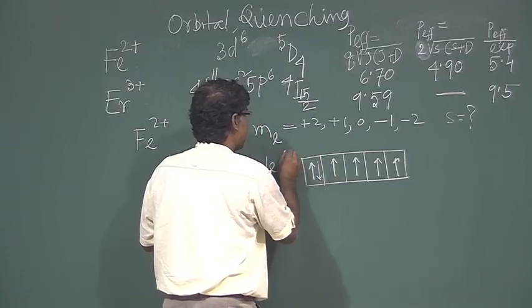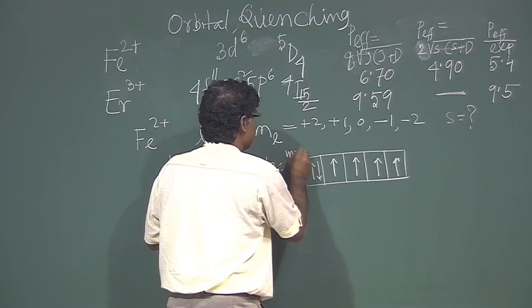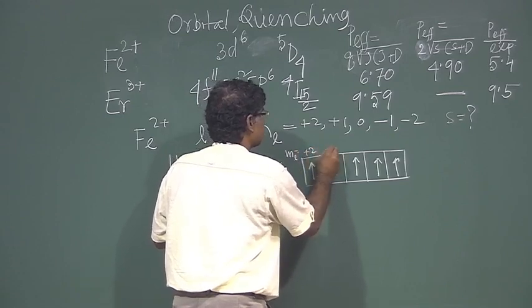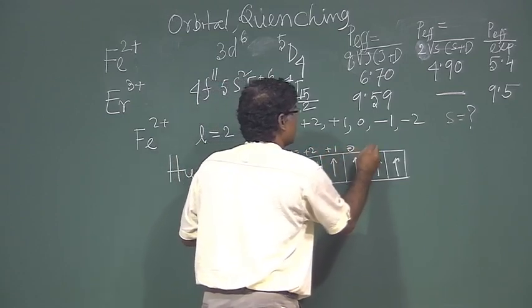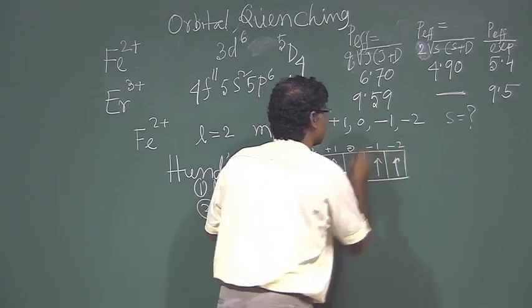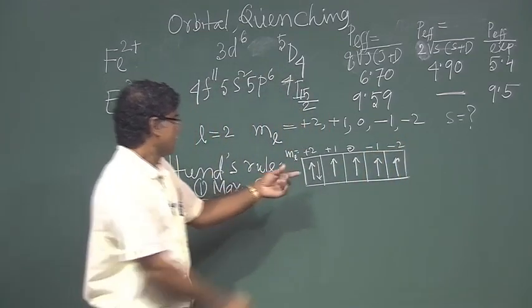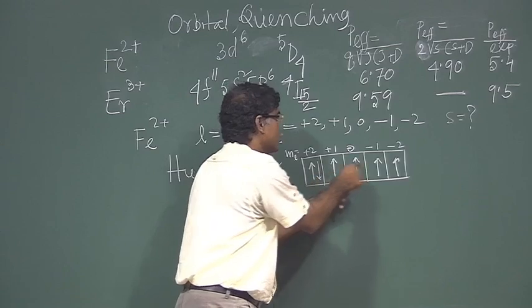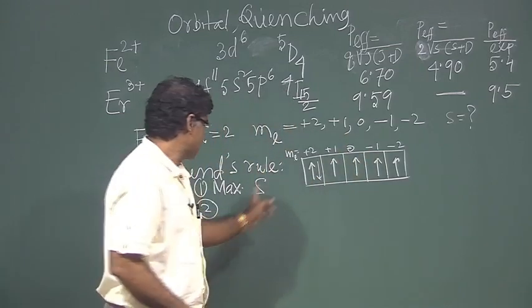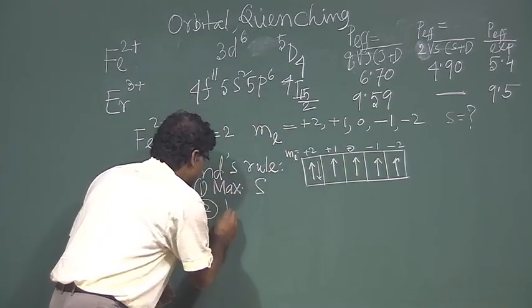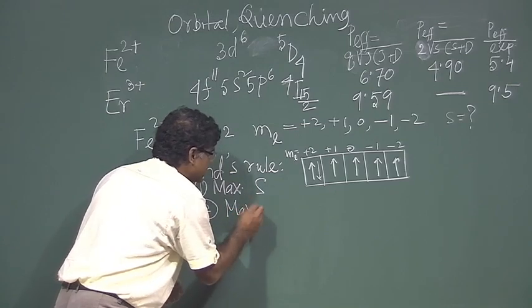So, the ml values for this case are +2, +1, 0, -1, -2, right. So, where to put this one? The second law tells that you should maximize L.